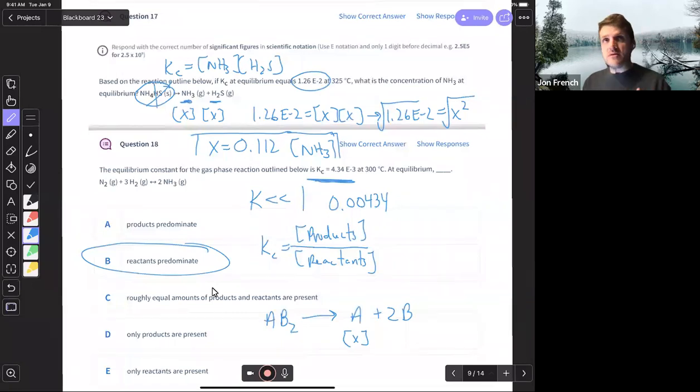For every 1 mole of A I'm going to make twice as much B, so B would be 2x. Then, let's say AB2 is a solid to make our life easier, setting it up in my equilibrium expression, I'd have the concentration of x times the concentration of 2x squared.